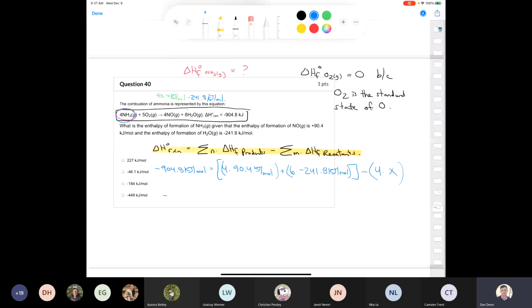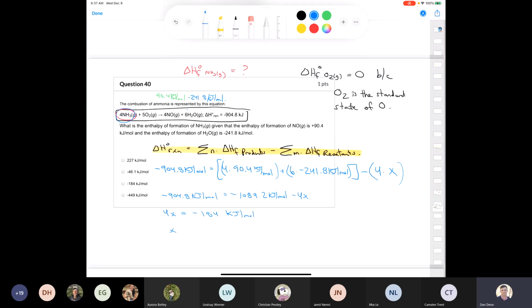And when you do, you end up with negative 904.8 kilojoules per mole is equal to negative 1089.2 kilojoules per mole, subtract 4x. I'm sure everybody here can solve for 4x. 4x is equal to negative 184 kilojoules per mole.